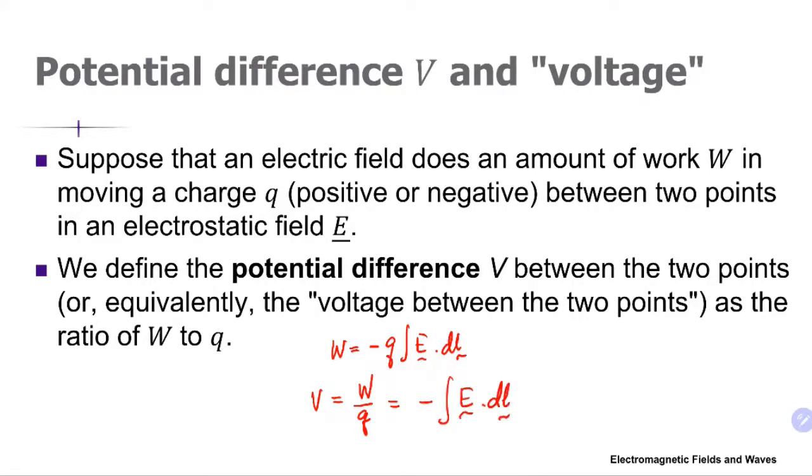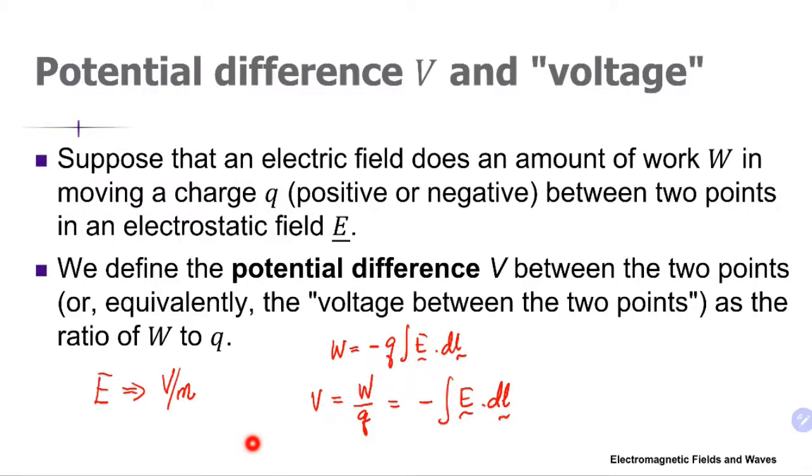Okay, so a potential difference is equal to minus the integral of E dot dl. And earlier on we said that the units of electric field are volts per meter. So our V has a unit of volts.